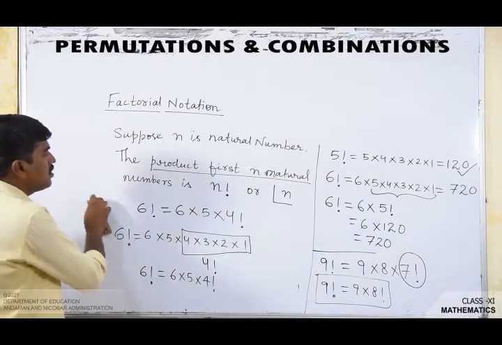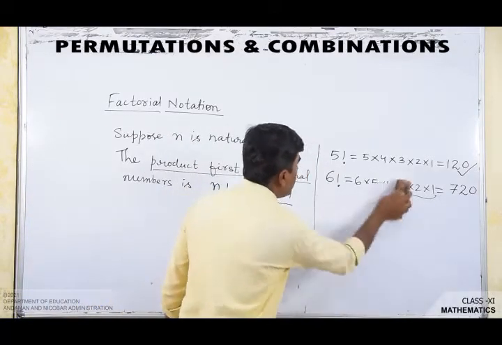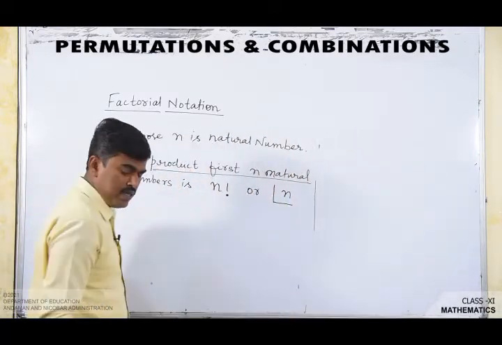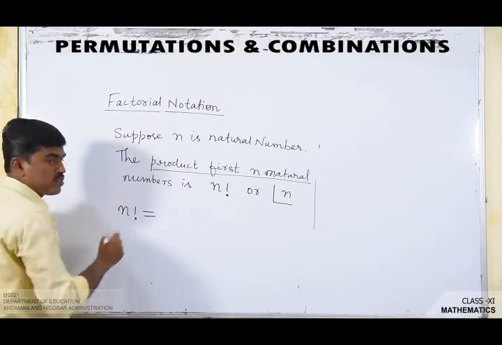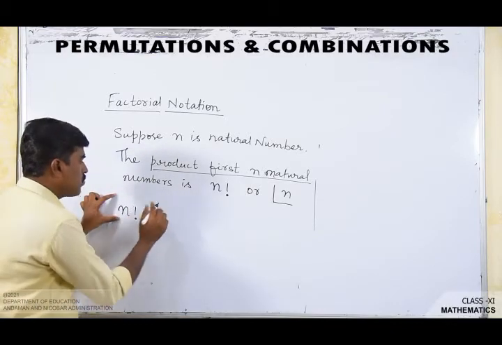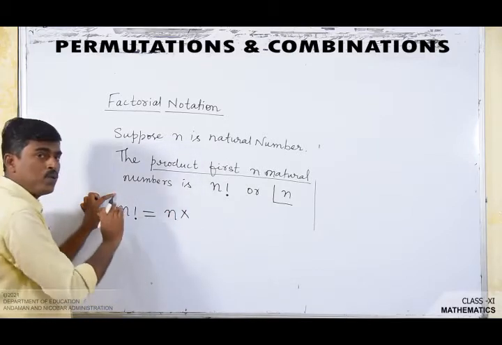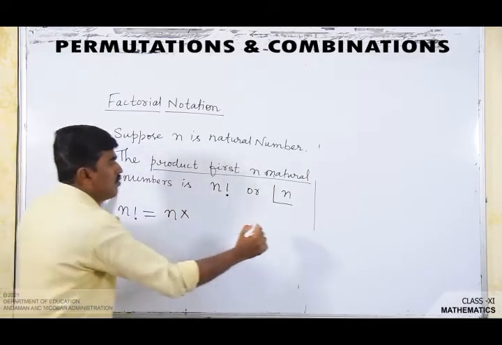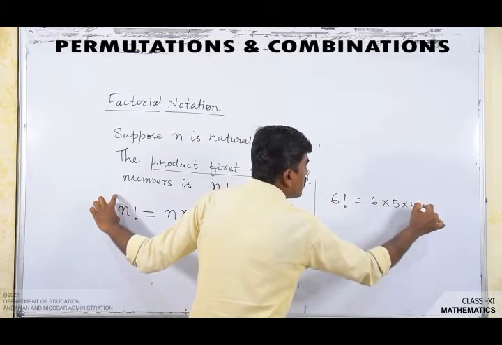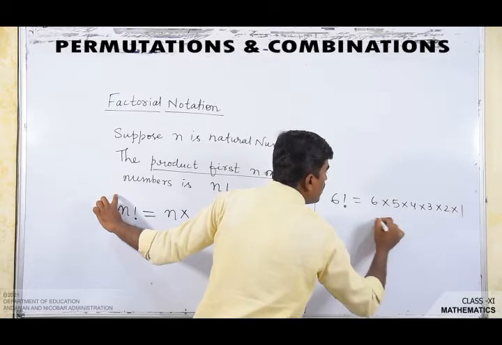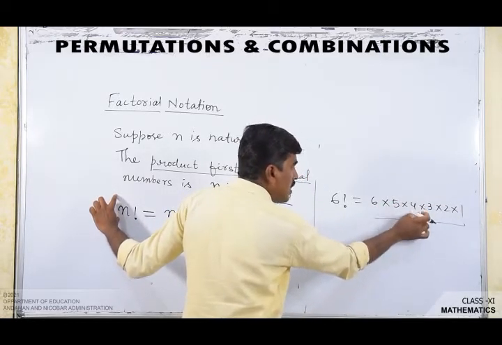Now let us see how to write the value for n factorial. So n factorial is equal to, first we have to write n, the same natural number, then into 1 less than this number. If I am writing 6 factorial, that means I am writing 6 into 5 into 4 into 3 into 2 into 1. It is 6, then 5, 1 less than 6, then 4, then 1 less than 5.